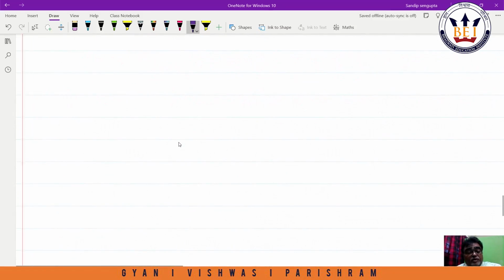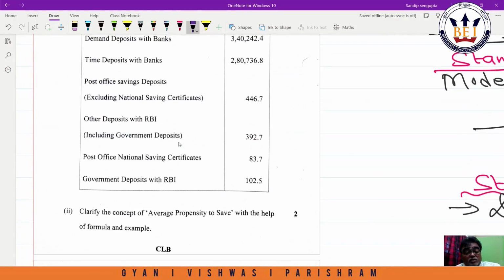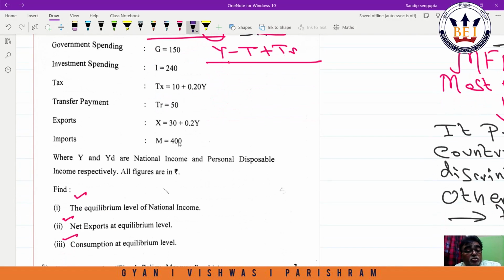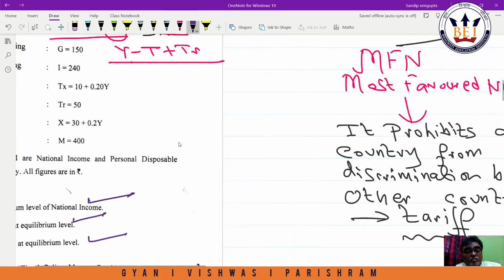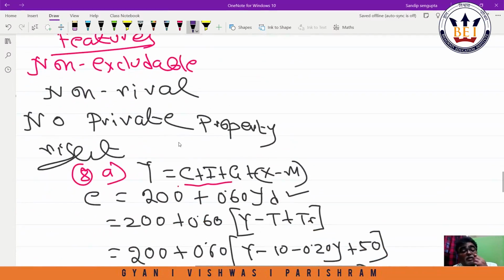So I repeat, let us get the question once more. Question what they ask, they are given so many entries. First we have to find out equilibrium income. Then second part, equilibrium income we found out 762.50. Net export is minus 217.50. Consumption is 590. 515 we are able to score if we answer exactly the way I have given you, sir.